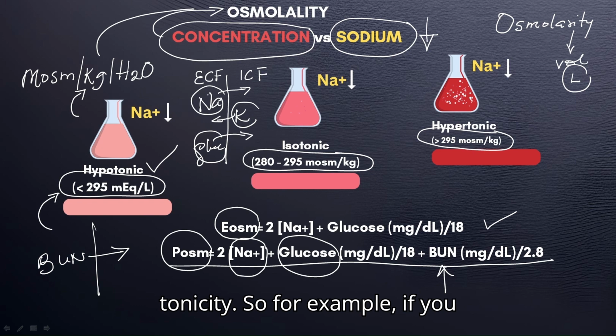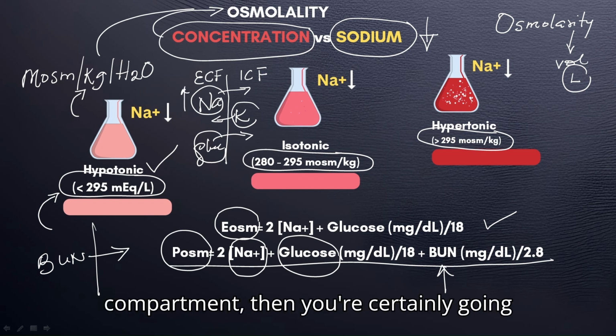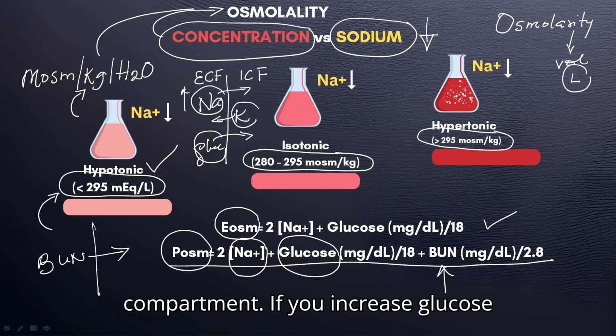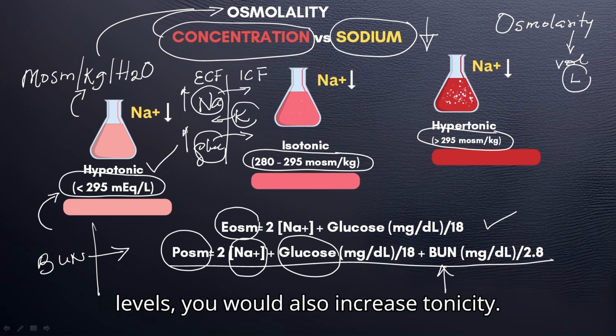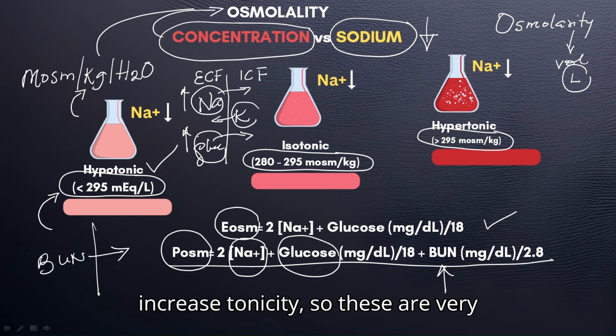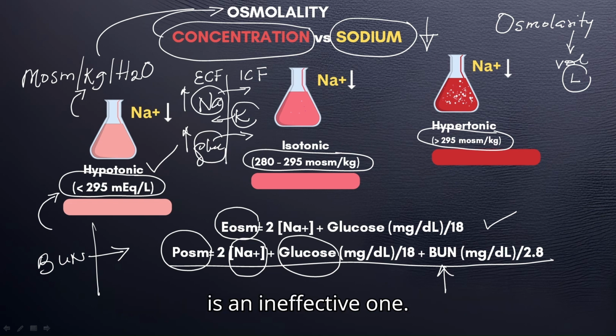So for example, if you increase the sodium levels in this compartment, then you're certainly going to increase the tonicity or the concentration of sodium in that compartment. If you increase glucose levels, you would also increase tonicity. If you increase potassium levels, you increase tonicity. So these are very effective osmoles, and blood urea nitrogen is an ineffective one.